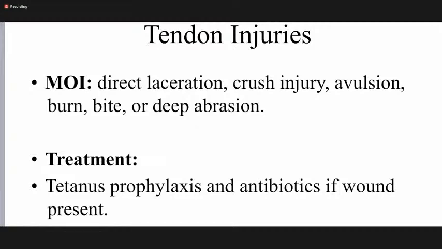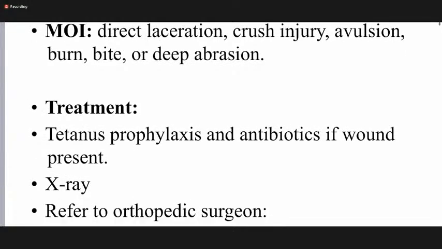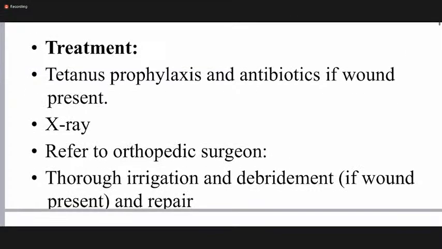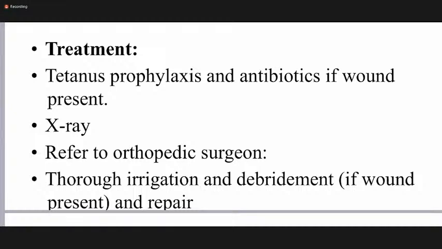This can affect the tendons. Treatment, of course, in cases where there is an open wound, you must give tetanus prophylaxis and antibiotics. Tetanus prophylaxis is given to prevent tetanus, and antibiotics to prevent infection. You do appropriate x-rays to determine whether there is bony injury.